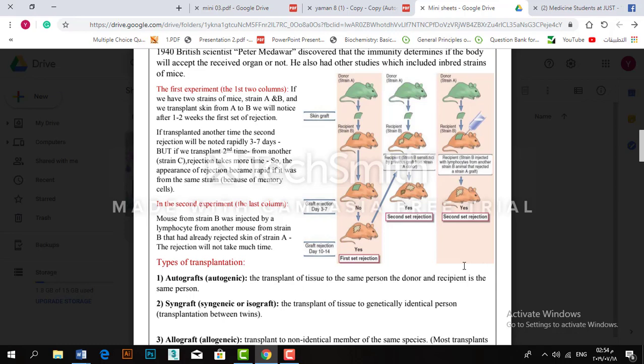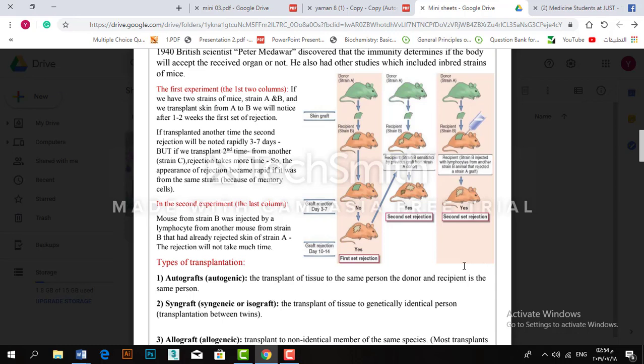بعدين if transplanted another time، إذا عادت التجربة مرة ثانية، أخذ مرة ثانية من سترين A وحطه في سترين B، حيلاحظ إنه إيش الريجكشن حيكون second set rejection حيكون أسرع. ليش؟ Rejection will be noted rapidly 3 to 7 days.